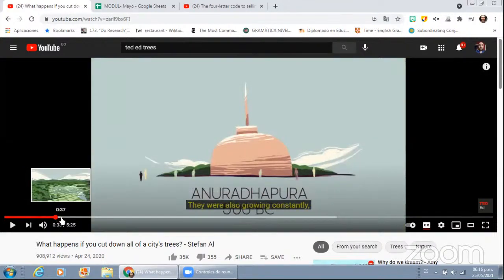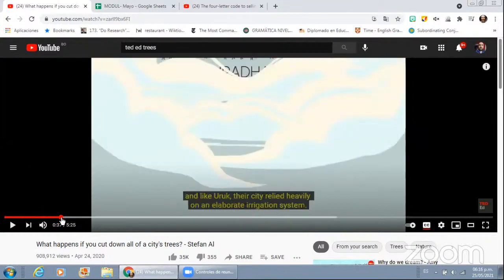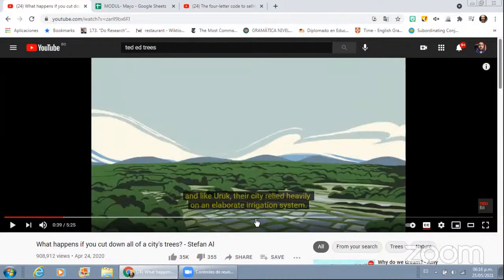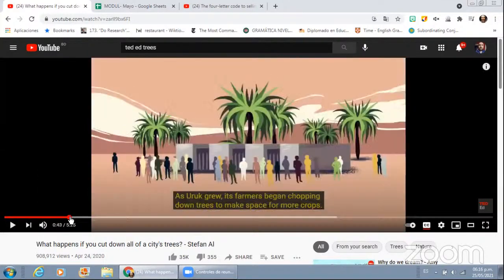And it's also a growing population, right? It's also very populated. And they relied a lot on this irrigation system as well. It means the distribution of water, right? As you can see over there. The way they distribute water to feed the population. So here, so far, everything is good. Both cities work in the same way.